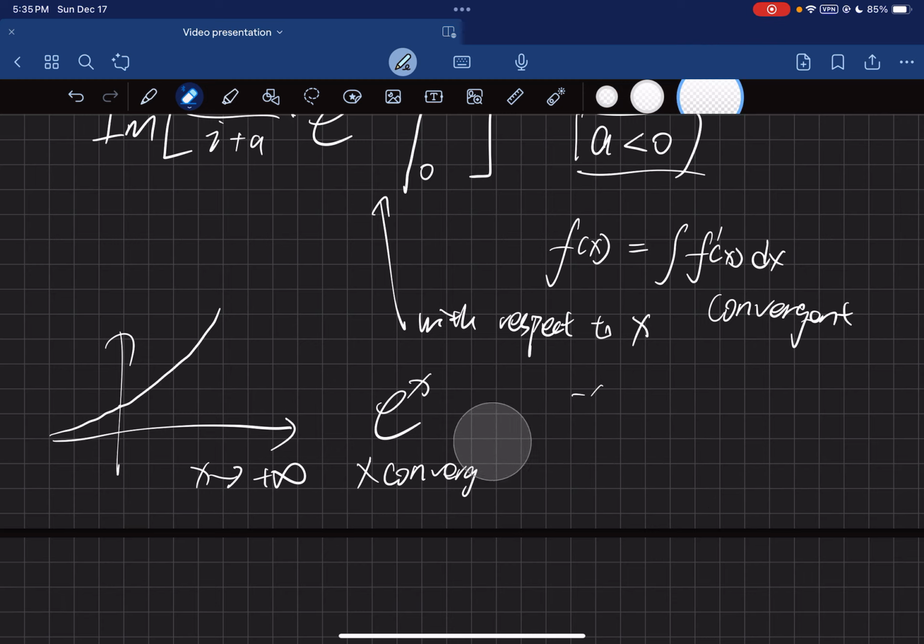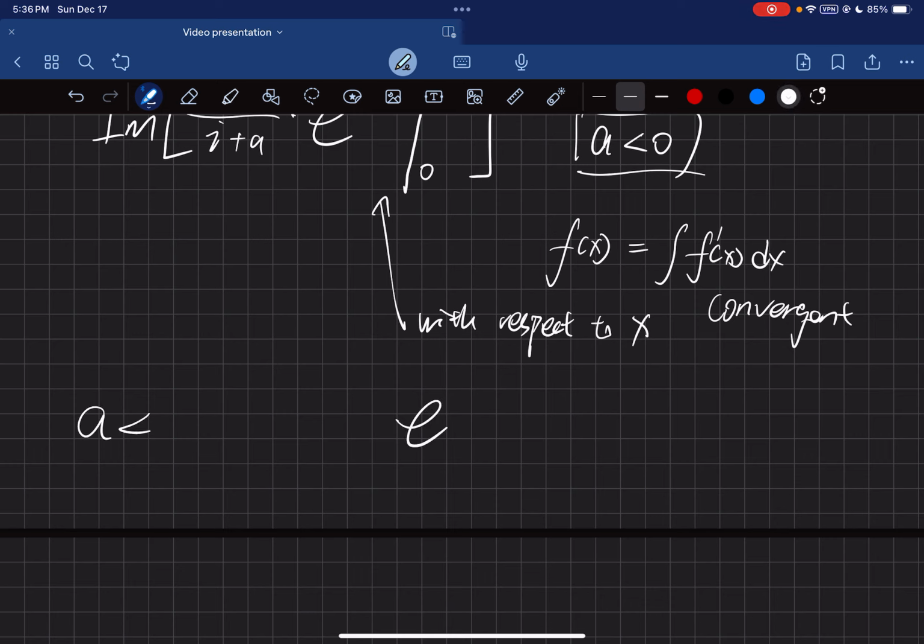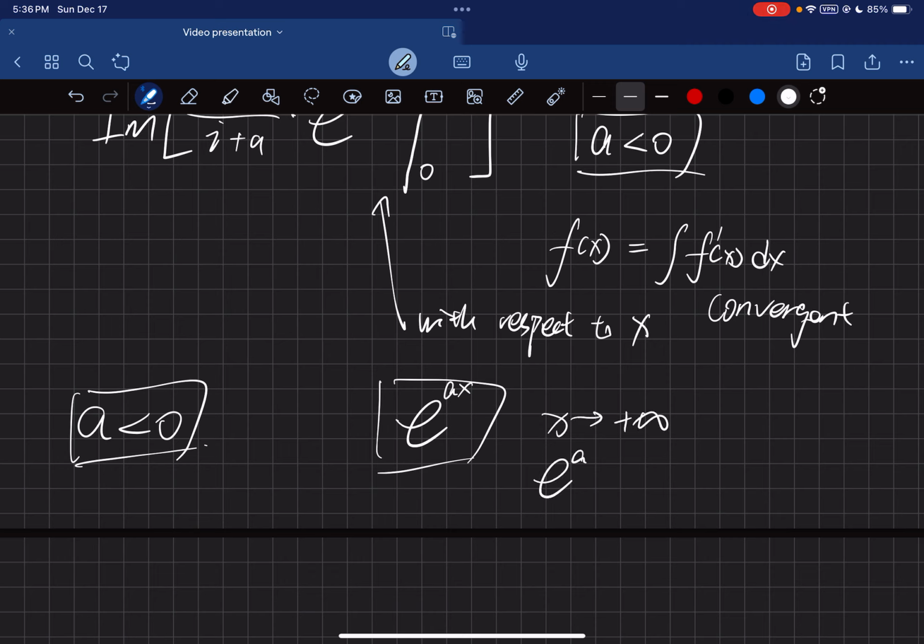So use this idea. When we set the parameter a, it should be negative, so that for this equation e^(ax), when x approaches positive infinity, this equation approaches 0, right?